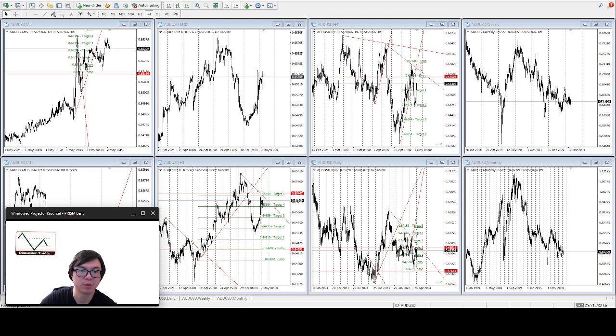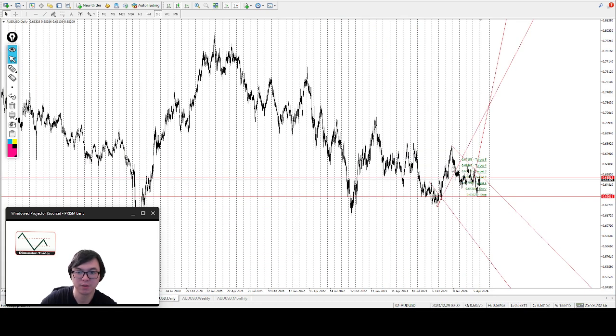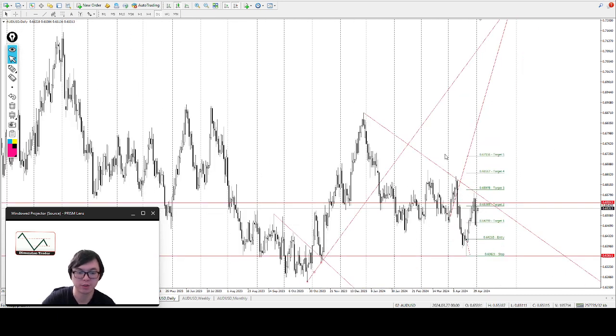At this point, we can see inside of the Australian dollar, we do have the setup at the previous point, which we can see right here.